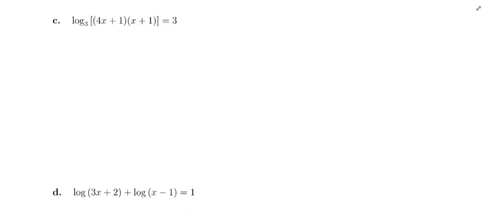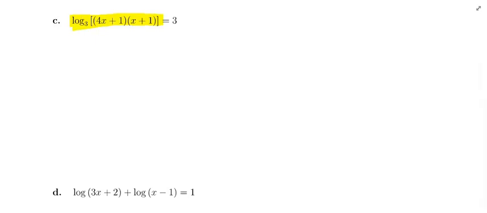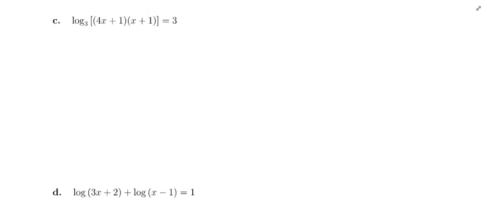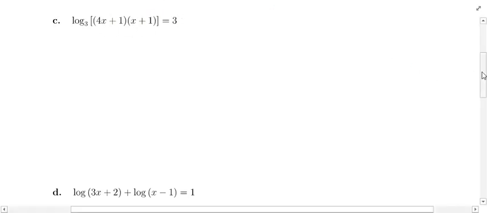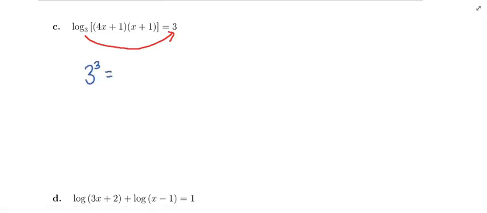This is a logarithmic equation, and the great news is that we have a single logarithm equal to a number. If we're dealing with just one logarithm equal to a number, we can jump straight to the arrow definition of a logarithm. Here this means that 3 to the 3rd power is equal to this quantity.